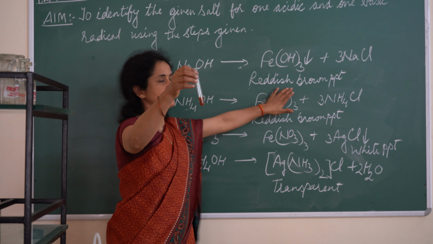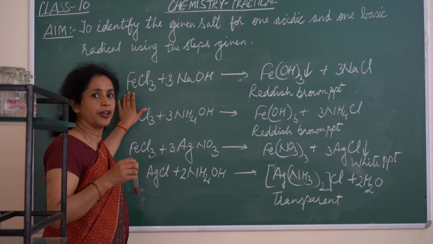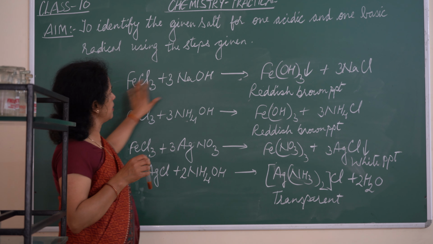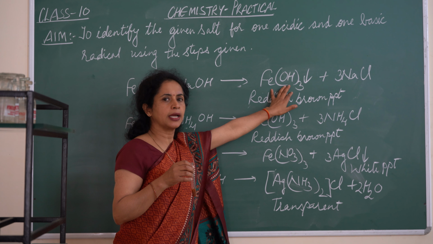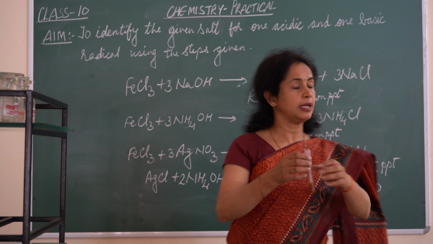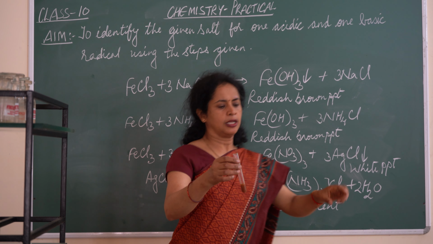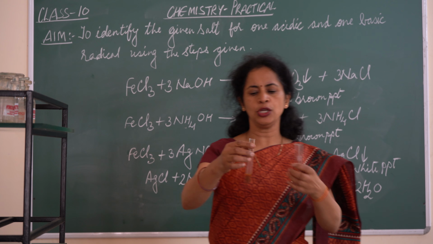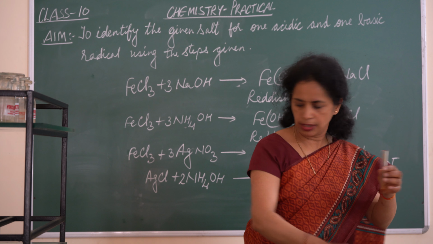If a reddish brown precipitate is obtained, it means the given salt contains ferric ions, because ferric ions, when they react with sodium hydroxide, ferric hydroxide is formed, and this ferric hydroxide, being insoluble, settles in the form of reddish brown precipitate. We can test the solubility of this in excess of sodium hydroxide.